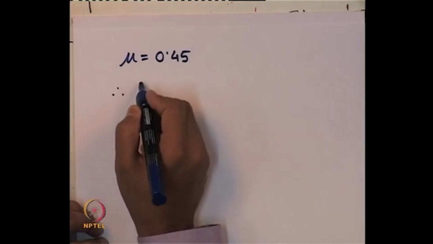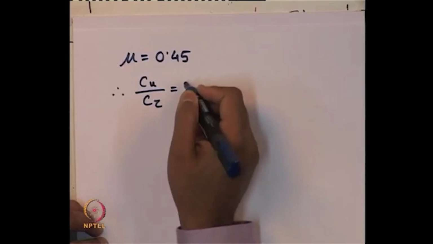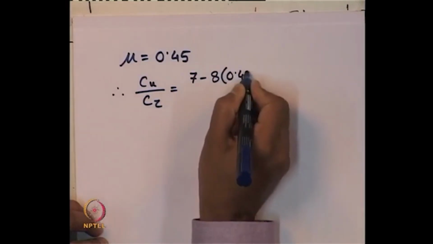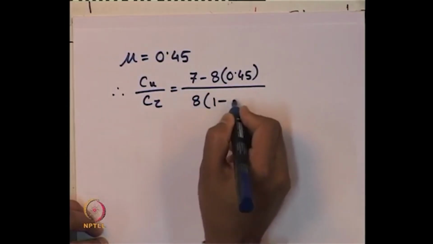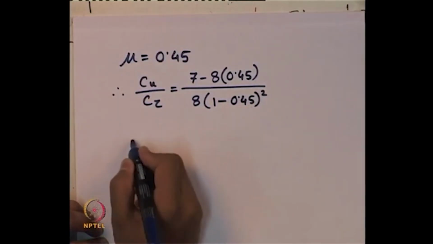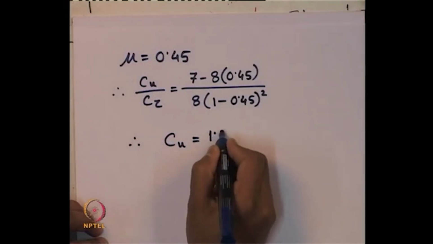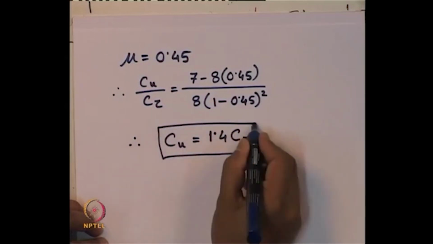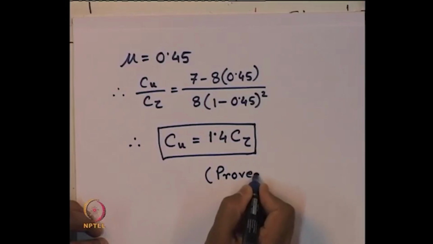Therefore, this C u by C tau becomes 7 minus 8 mu by 8 times 1 minus mu whole square. Therefore, C u equals 1.4 C tau. Hence, proved.